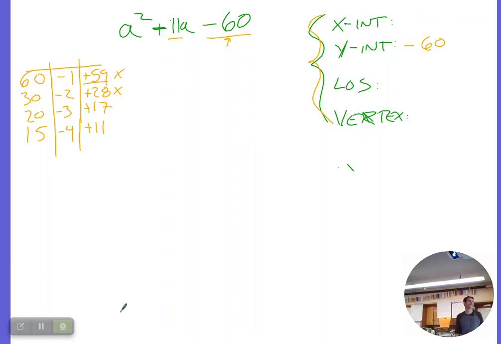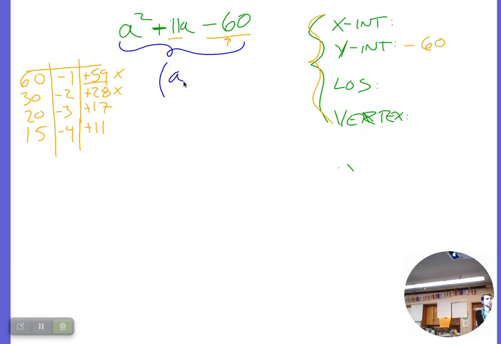So, okay, how do we factor this expression? Okay, so how do we factor a squared plus 11a minus 60? Zico?